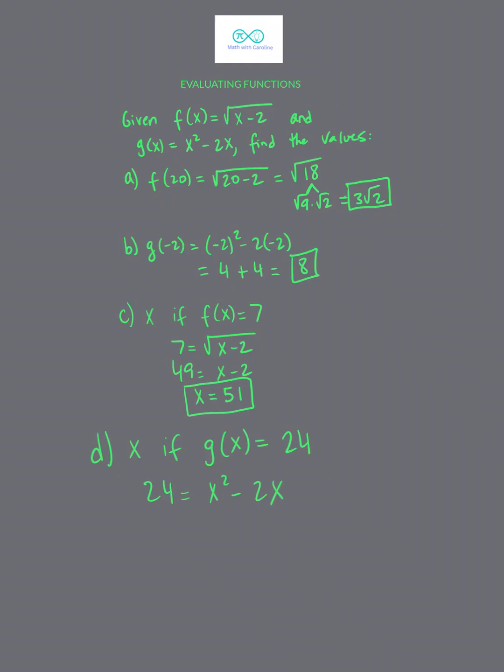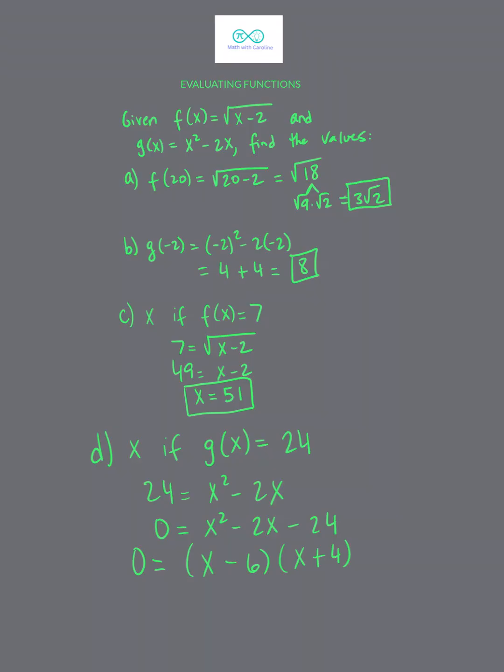So we're going to set it equal to 0 by subtracting 24 on both sides. And we can see that this is factorable. So we'll factor this. What two numbers multiply to negative 24 and add to negative 2? Negative 6 and positive 4.